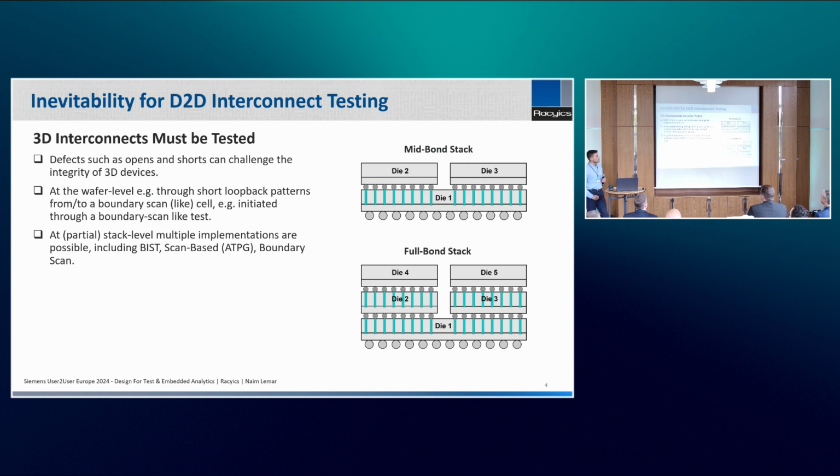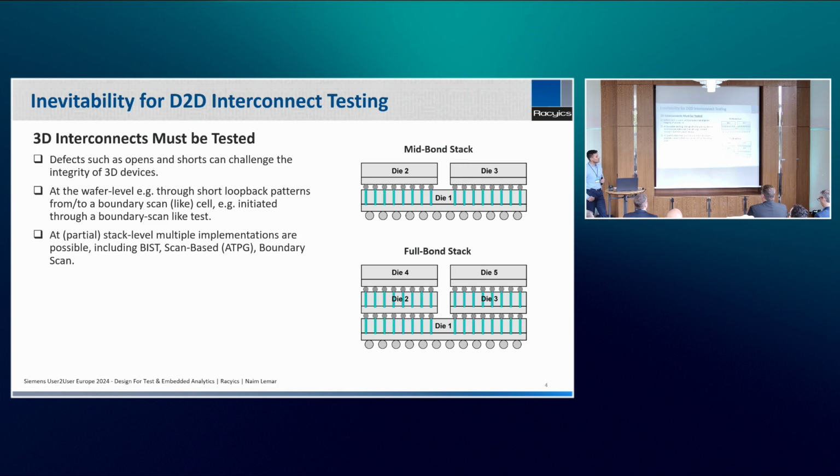So at which level? Either we can do it at the mid-bond level where we stack only one layer. Before stacking another layer, we want to make sure that these interconnects are fault-free. So that's why we need to test in different stages.